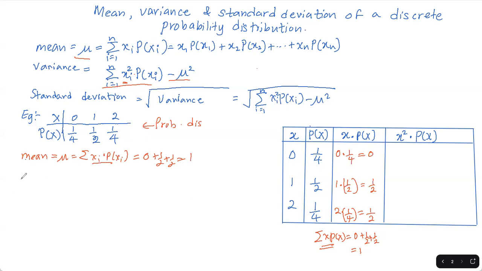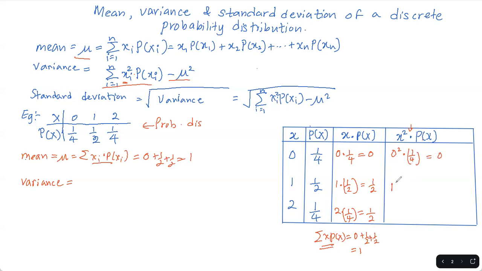And how do you calculate the variance? So variance is the summation of xi square times probability of xi. So here x square times probability of x. Your x square: x is 0, 0 square times the probability 1 over 4 is 0.